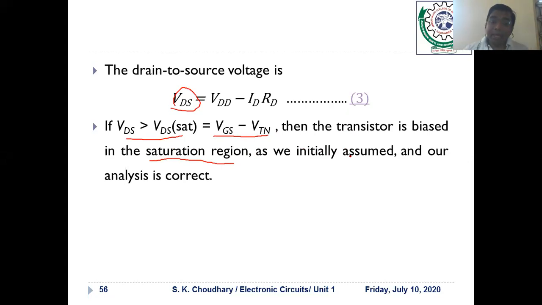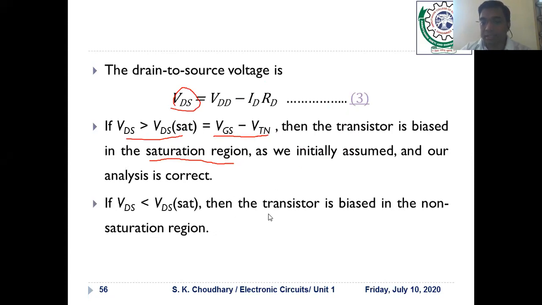But when solving the numerical, if VDS comes out less than VDS sat, then our assumption is wrong, meaning it is not working in the saturation region. In this condition, the transistor is biased in the non-saturation region.